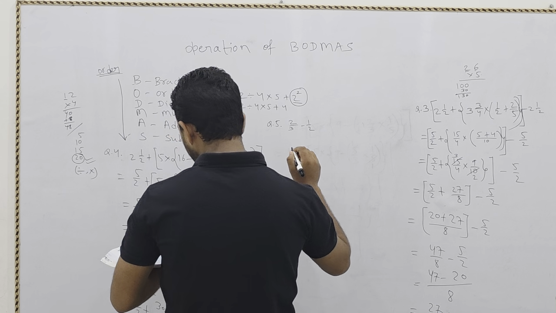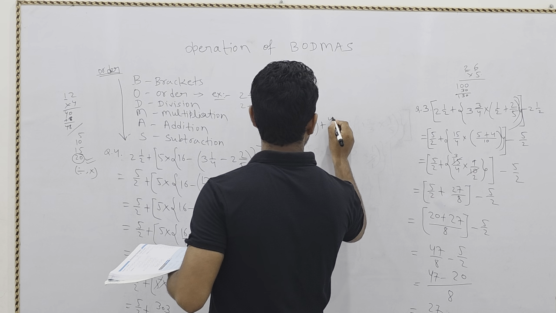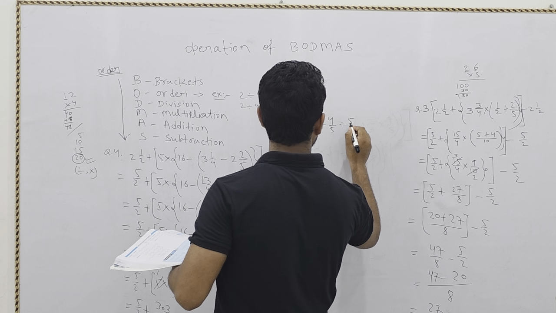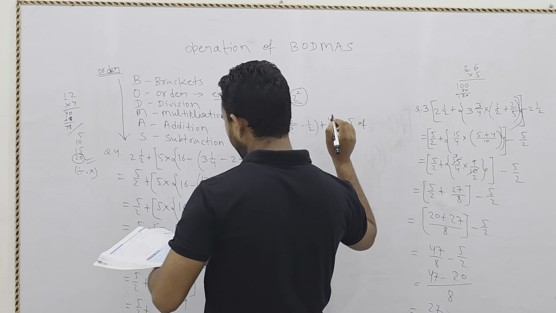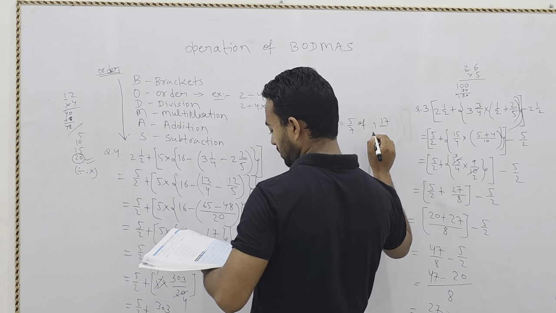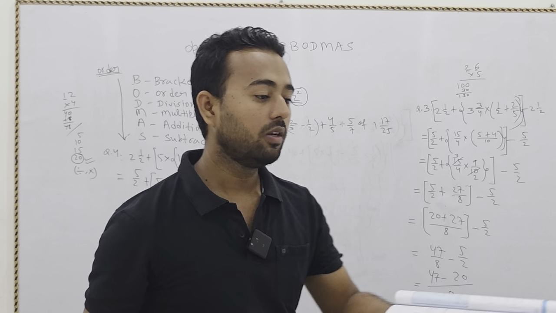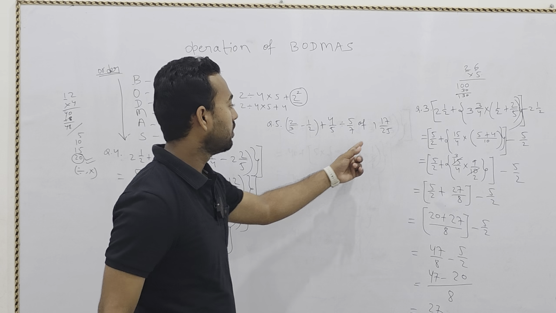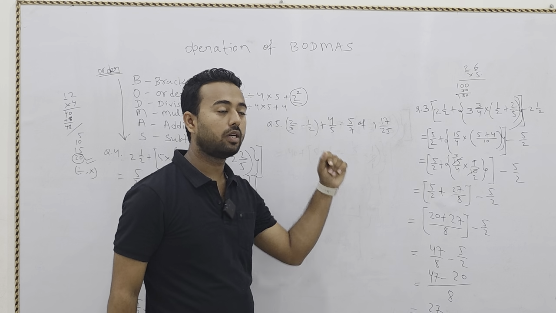So here 1/2 under bracket plus 4/5 divided by 5/7 of 5/7 of 1, 17 by 25. So here I have taken one question like of. This of stands for order, and order means multiply.